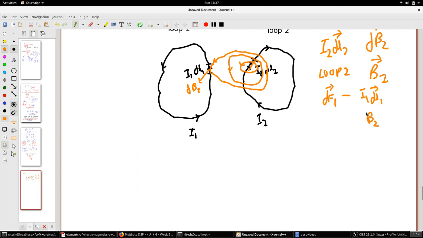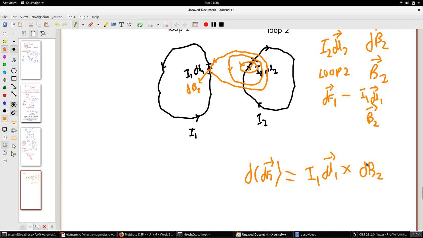So d of dF1 is a magnetic force experienced by I1 dl1 placed in a magnetic field due to the magnetic field dB2.